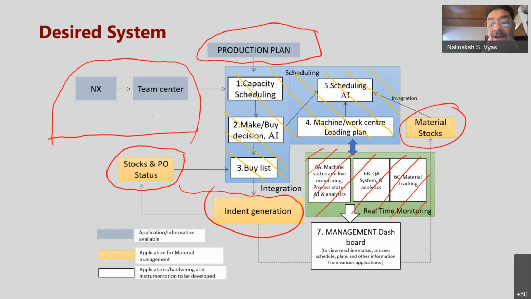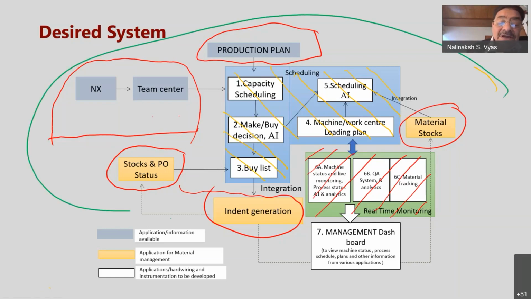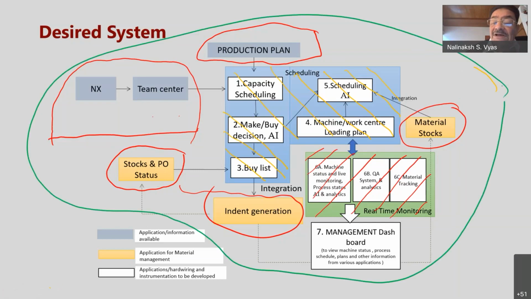This has been our activity. And the overall picture obviously includes all this. But in terms of technology, it is in these two rectangles. Rest of it is dependent on local people, how they wish to implement it.